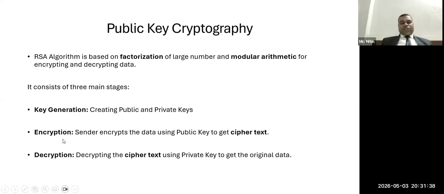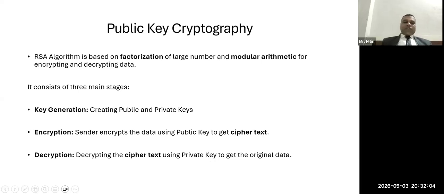Second stage, encryption: with the help of the public key, the sender encrypts the data to get the ciphertext, and the ciphertext then travels in the medium. At the end, decryption is done, decrypting the ciphertext using the private key to get the original data.